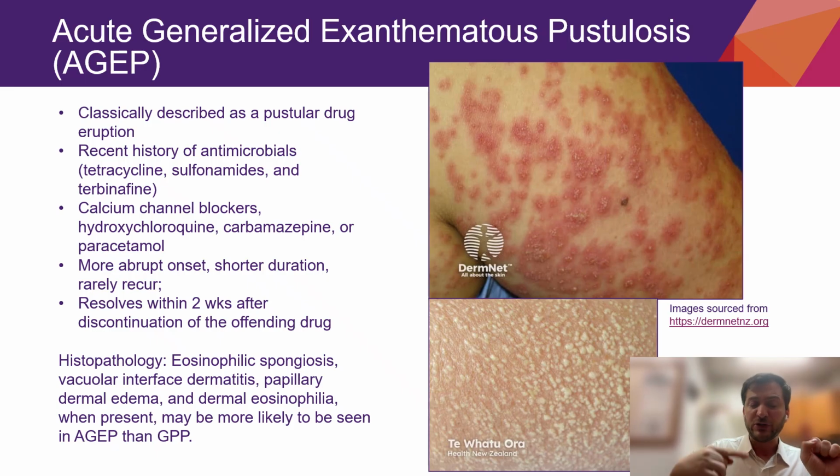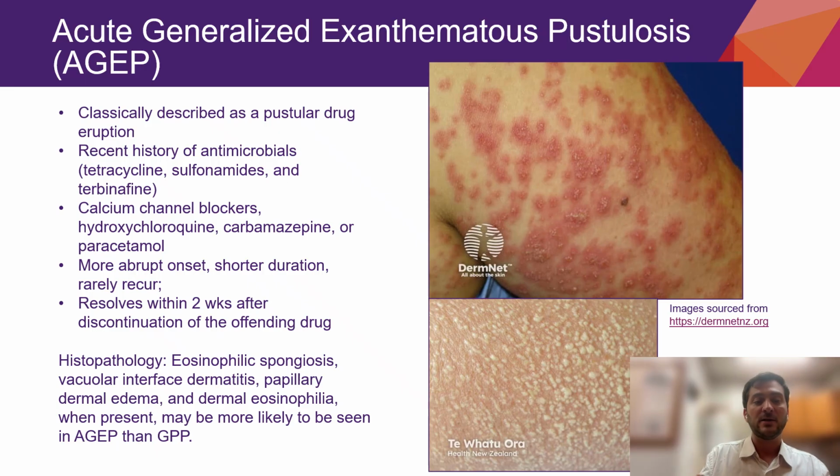Probably the most important clue to differentiate AGEP from GPP is on histopathology. Eosinophilic spongiosis, so the presence of eosinophils, vacuolar interface dermatitis, and papillary dermal edema, and dermal eosinophilia.